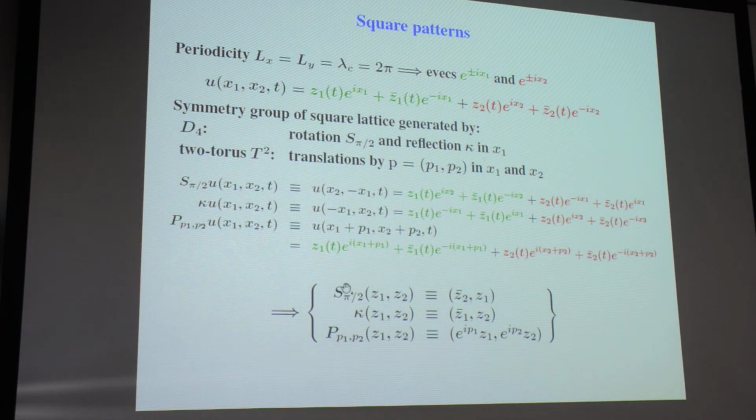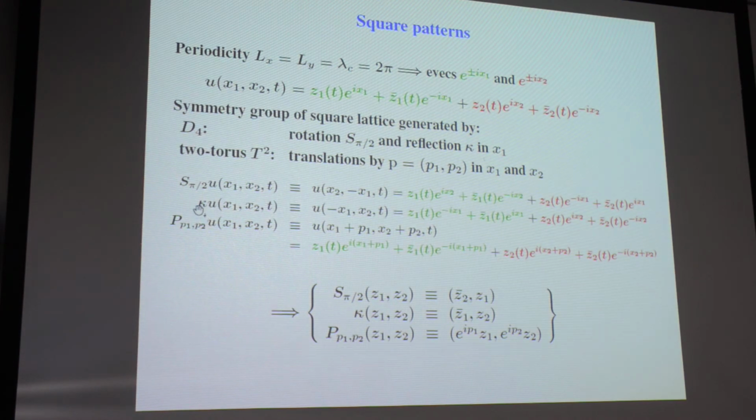So our operation, the equivalent of this operation on the u's but carried out on the z's, is to have z2 bar over here. And similarly, we have z1 here, because z1 is now the thing that multiplies e to the ix2.